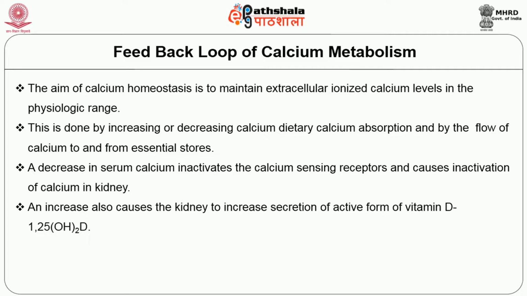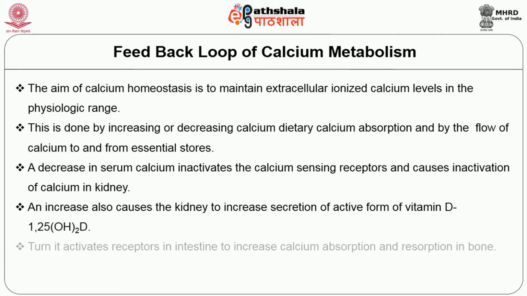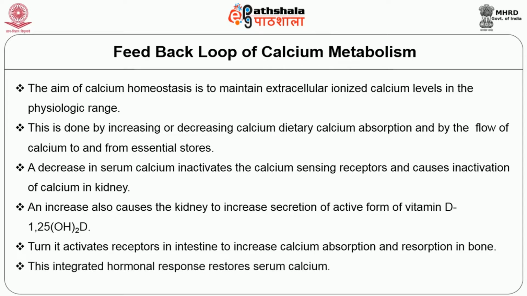It might also cause the kidney to increase the production of the active form of vitamin D. In turn, vitamin D activates the receptors in the intestine to increase calcium absorption and resorption in the bone. Thus, it becomes an integrated hormonal response to restore your serum calcium.